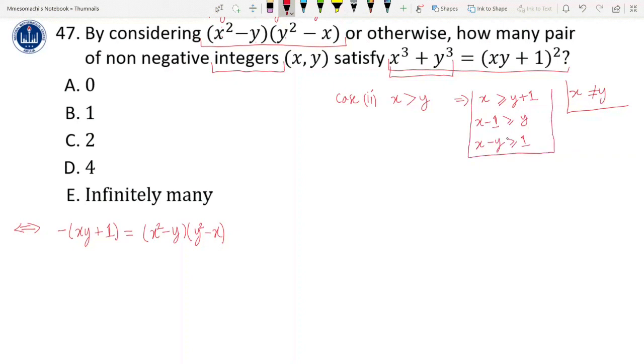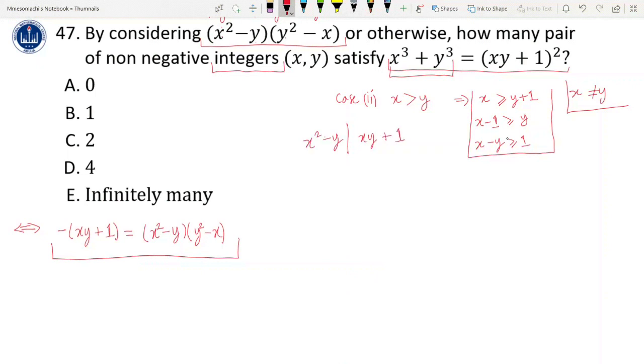Now from this expression, we have that x squared minus y times something gives xy plus 1. So it means that x squared minus y must divide xy plus 1.